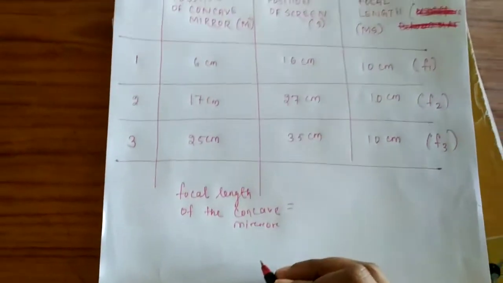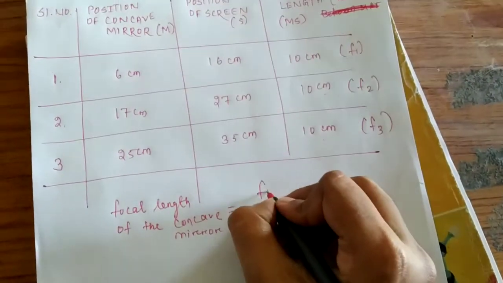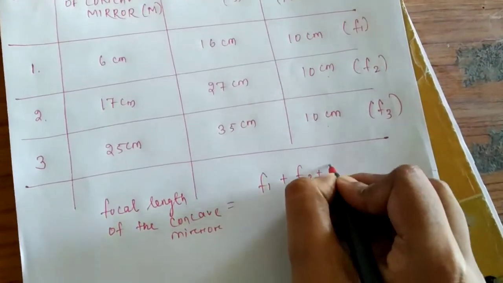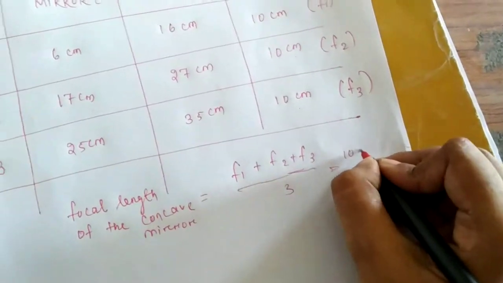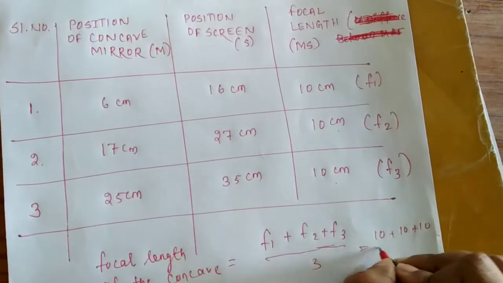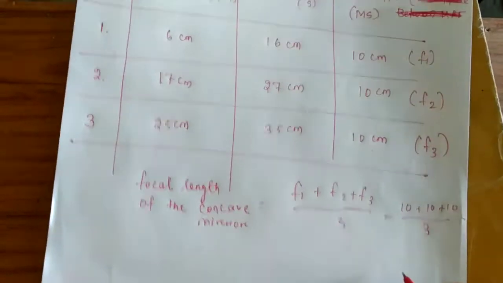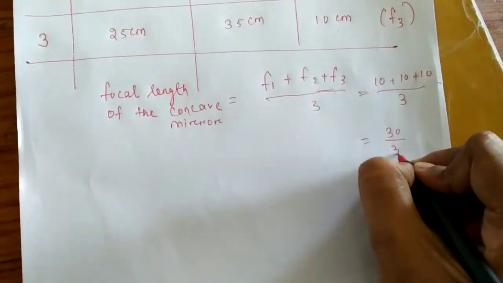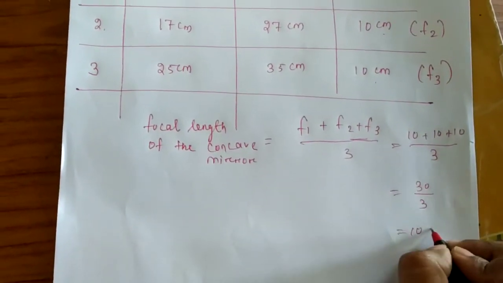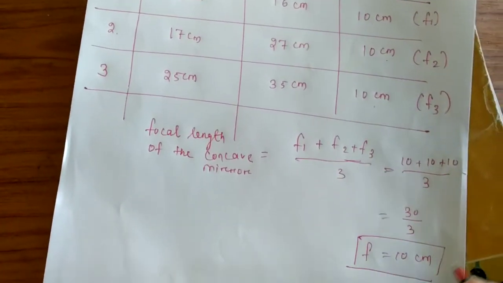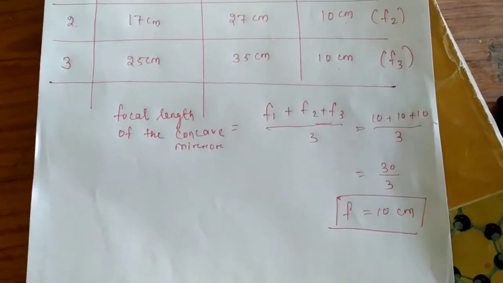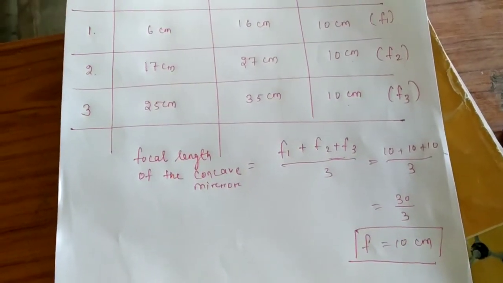If you calculate the average focal length, it is (F1 + F2 + F3) divided by 3. So we got (10 + 10 + 10) divided by 3, which is 30 upon 3, that is equal to 10 centimeters. So we have determined the focal length of a concave mirror, which is found out to be 10 centimeter.